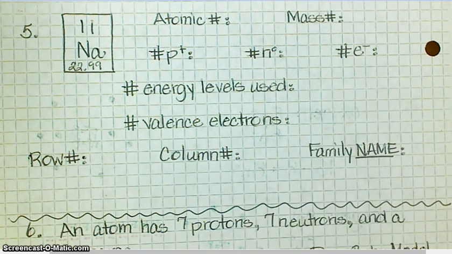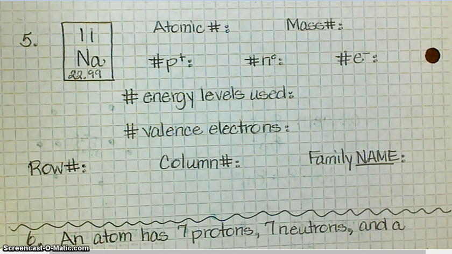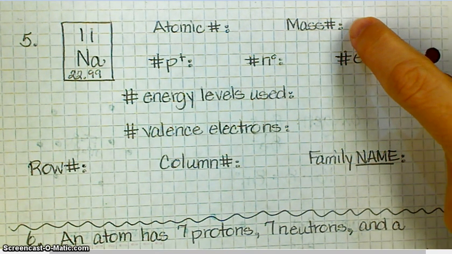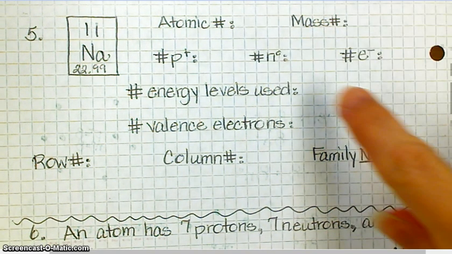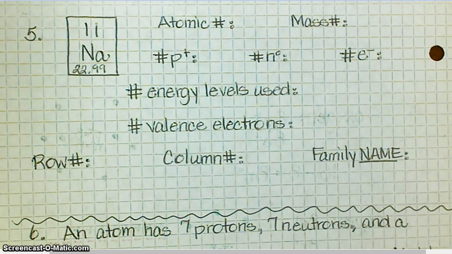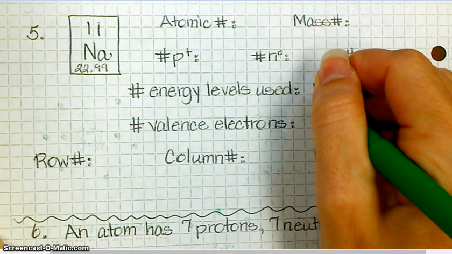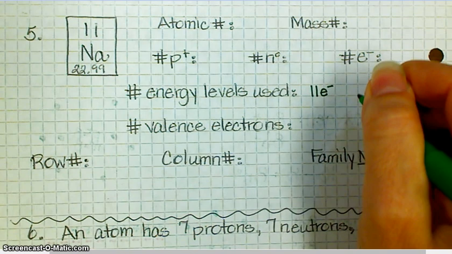also 11. How do I find my number of neutrons? Remember that neutrons is mass number minus atomic number. So the mass number is 23 because you rounded it off, minus 11. So that's going to give you 12 neutrons. Okay. All right. How many energy levels are you going to use? Well, you've got 11 electrons.